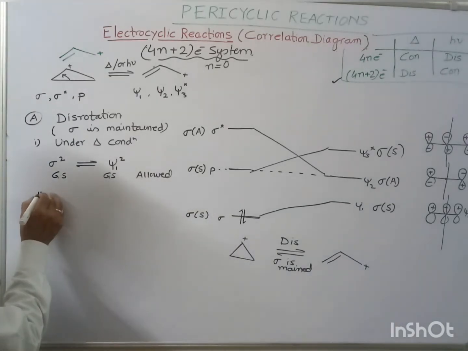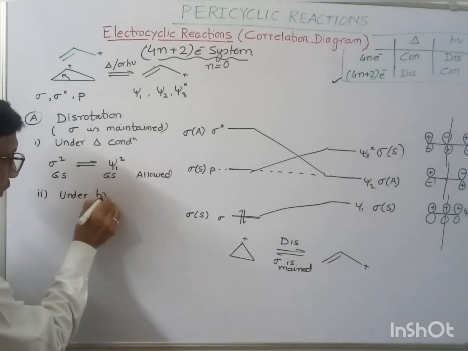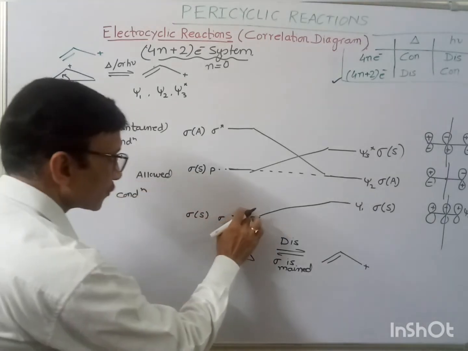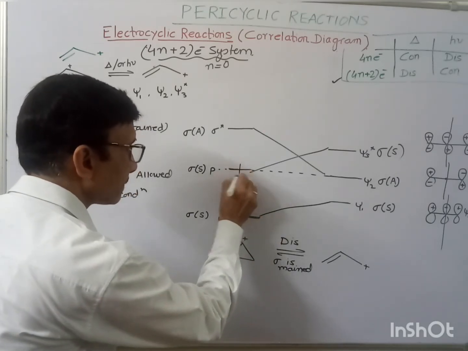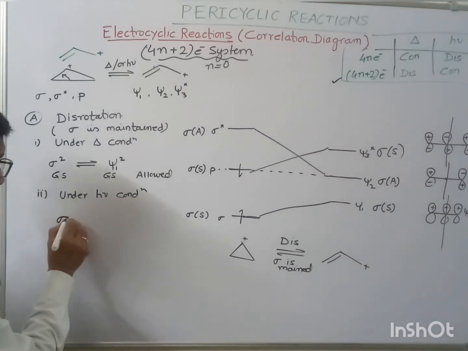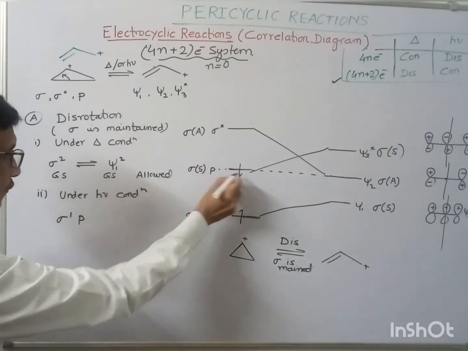So let's check it under photochemical condition. One of the electrons will get excited to the p orbital. Now sigma has 1 electron, p has 1 electron.